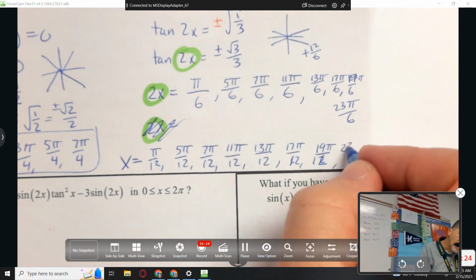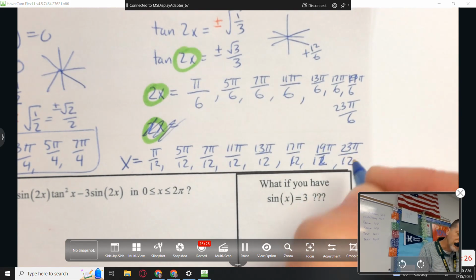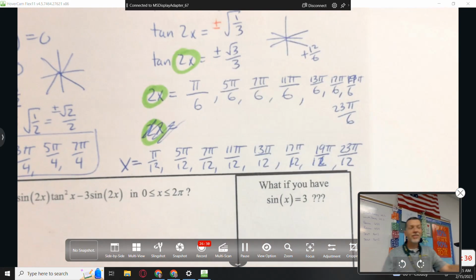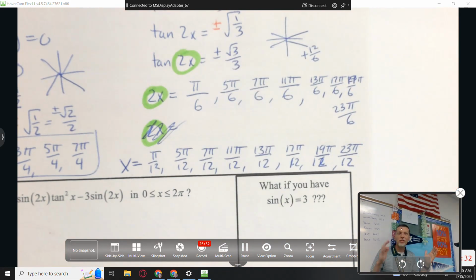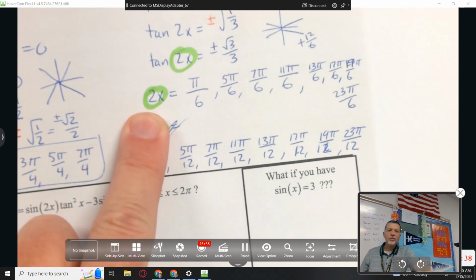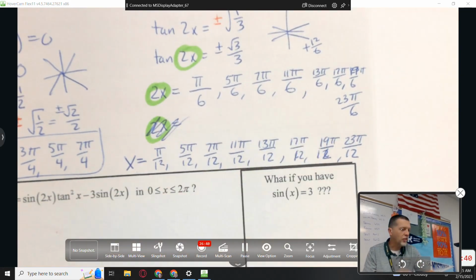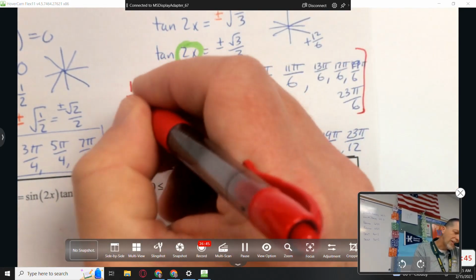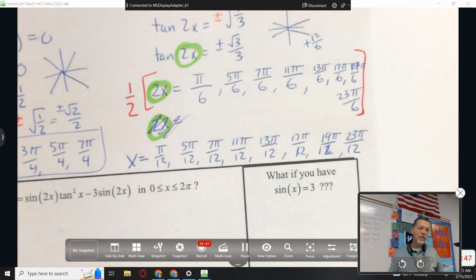Somebody answer that. So they're small enough to be between 0 and 2 pi. Okay, that's a good answer. But why am I dividing by 2? That 2x. So 2x equals all those things. So to fix the 2x thing, I would multiply by 1/2. And so that would make all my denominators 12. So I got 8 answers on that one.